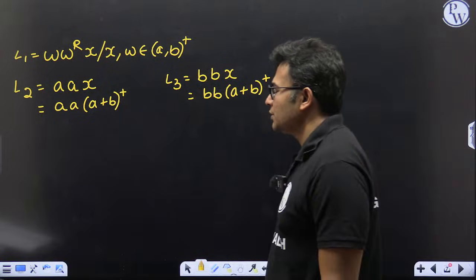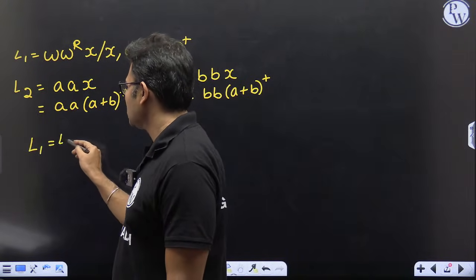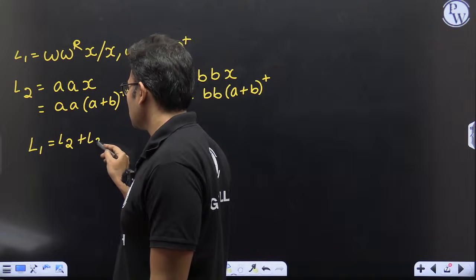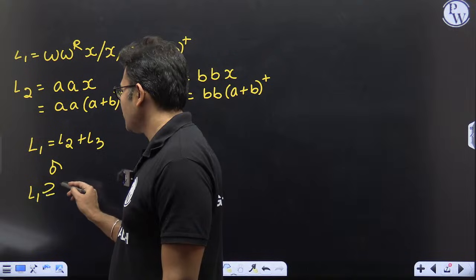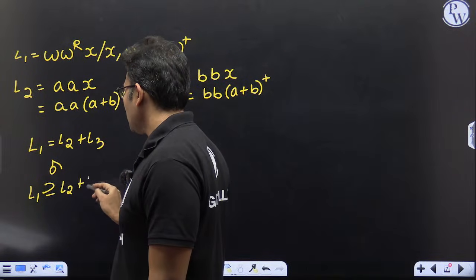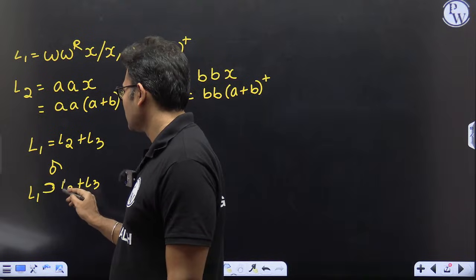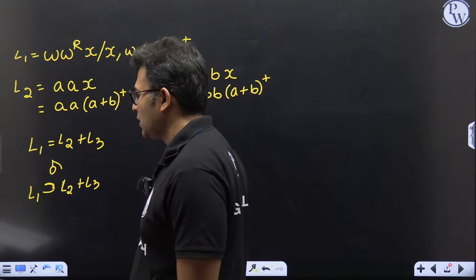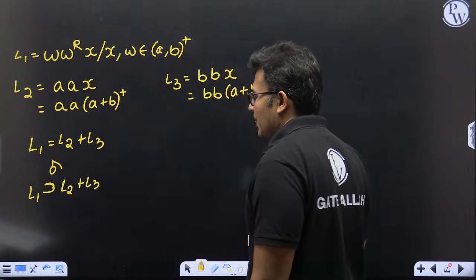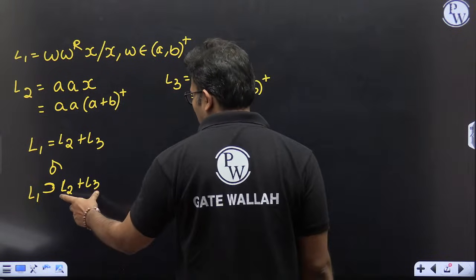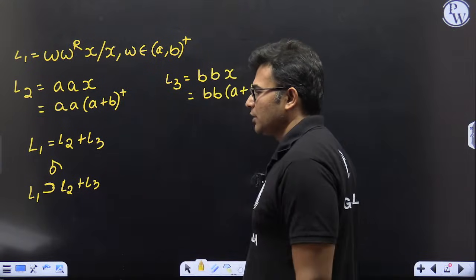Now the question is, you have to check if L1 is equal to L2 plus L3, or if L1 is a proper superset of L2 plus L3, which means, are there any strings which cannot be generated by L2 and L3? Are they present in L1, right? Can you answer it now?